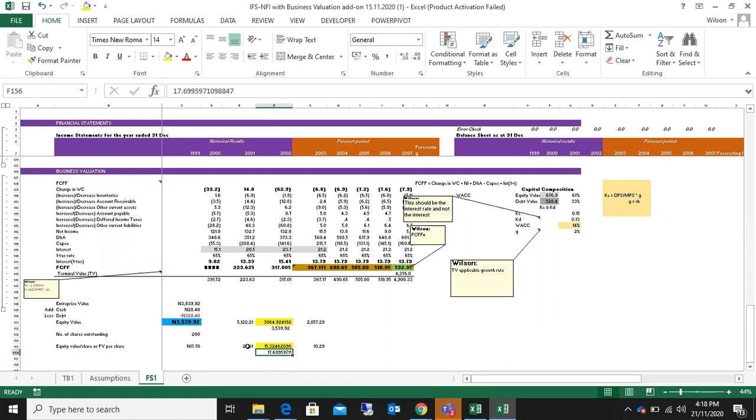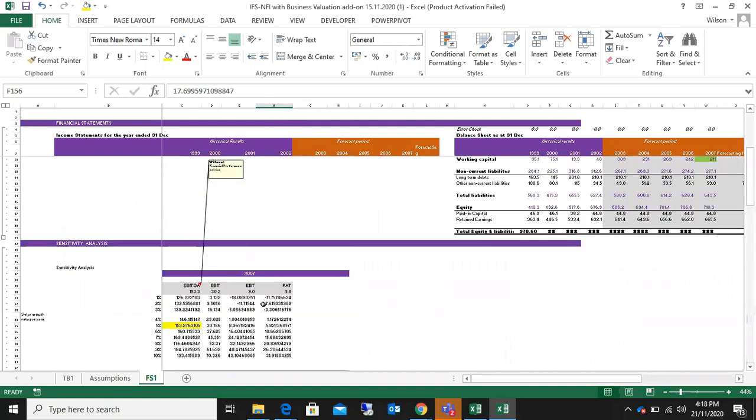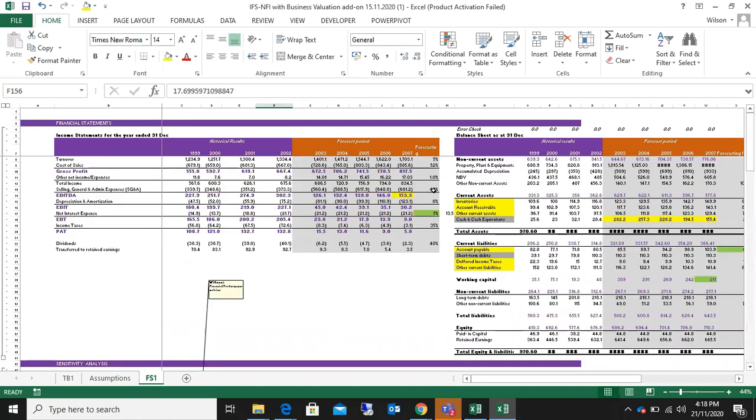So ultimately, this matters, right? Even though the equity value went up, for the forecast period the SG&A went up to 40%, the basis on which we computed all this.